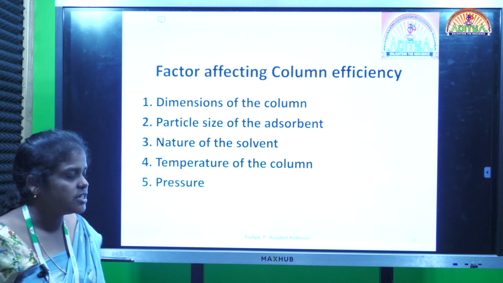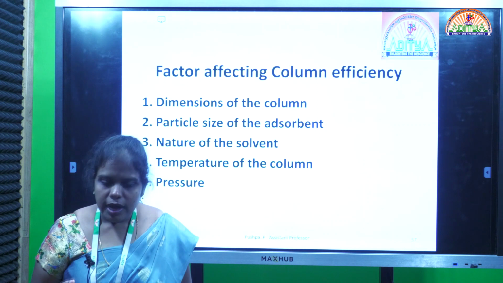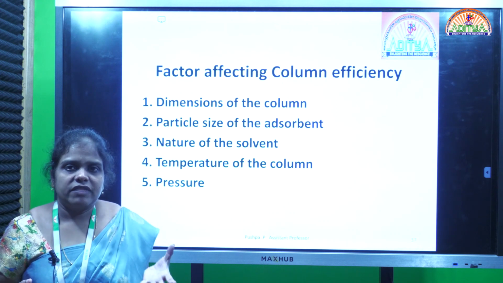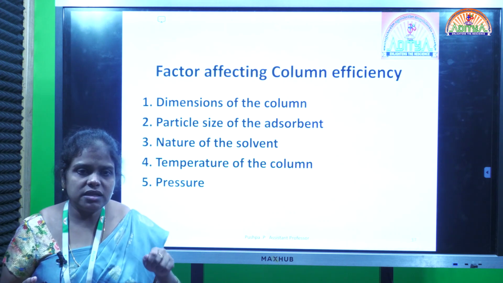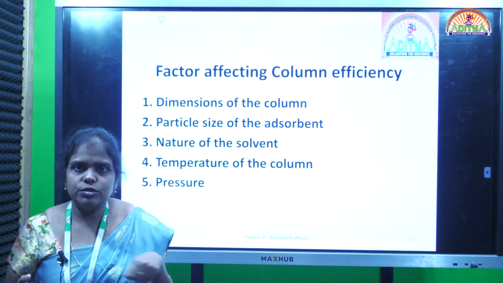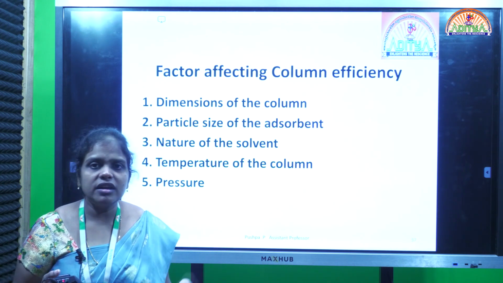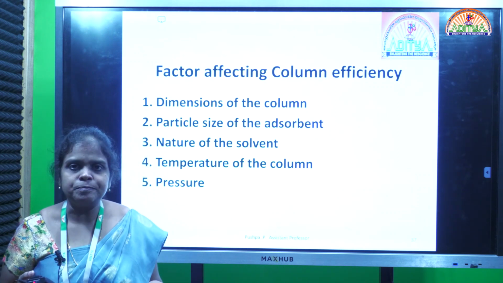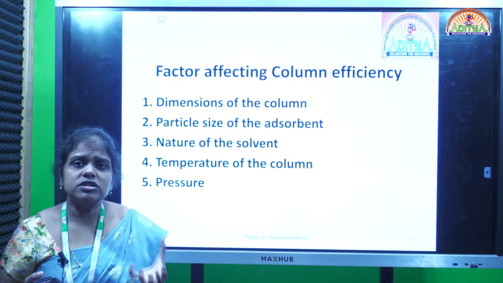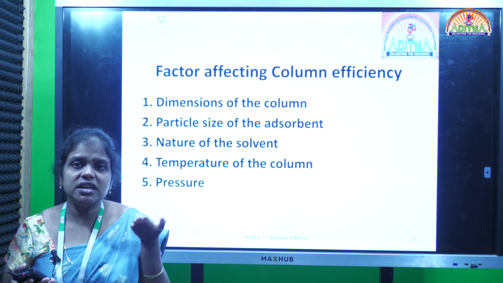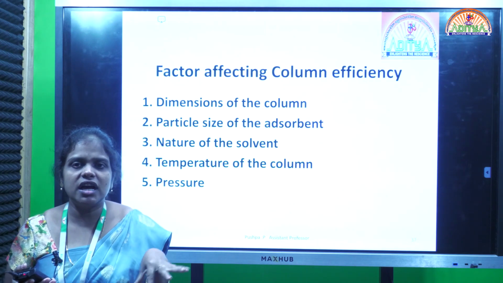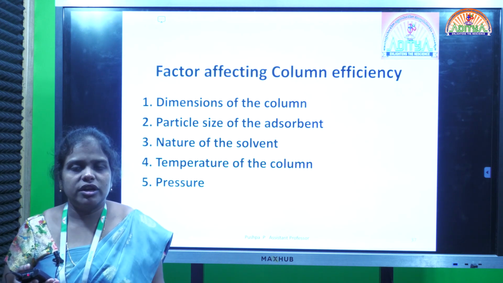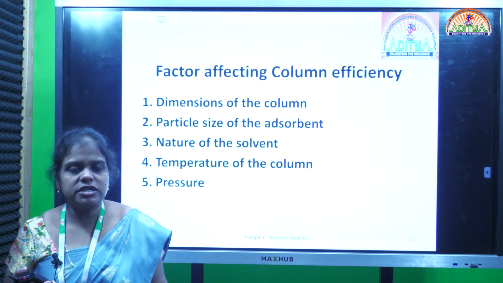And the next one is the temperature of the column. You already know that, coming to solubility properties, temperature will increase the solubility. For example, if you are mixing sugar with water using a spoon, it will take more time, whereas if you keep it on the stove, heating and stirring, it will take less time, because of that increase in temperature, which increases the interaction between the molecules of the sugar and the water, so there will be strong solubility.